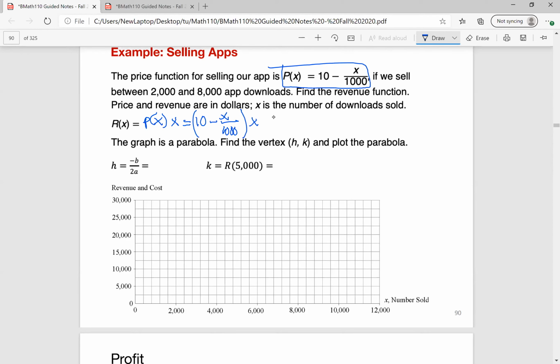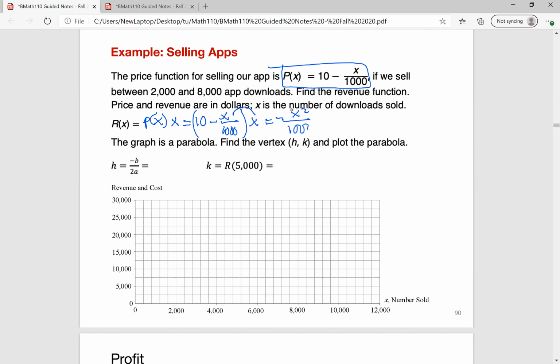Then you're going to distribute it. I'm going to use the x with x first, so I have negative x squared over 1,000, plus 10x.